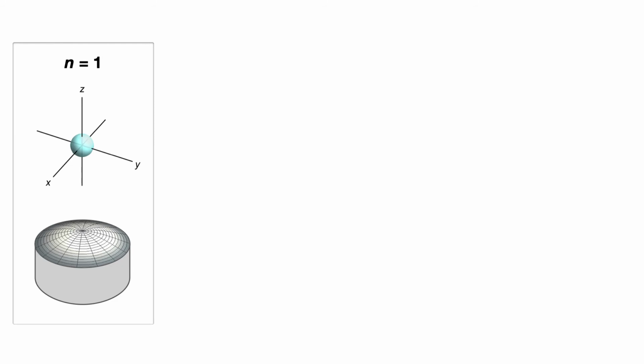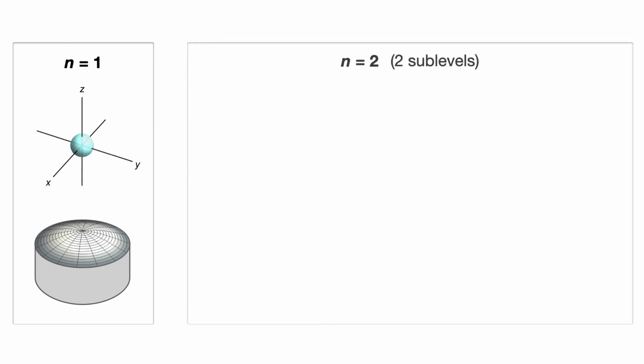Now, the second level of the hydrogen atom actually has two types of wave that fall into that level, and one of those types corresponds to this kind of vibration of a drum head, where the inner part of the drum head is vibrating up and down.